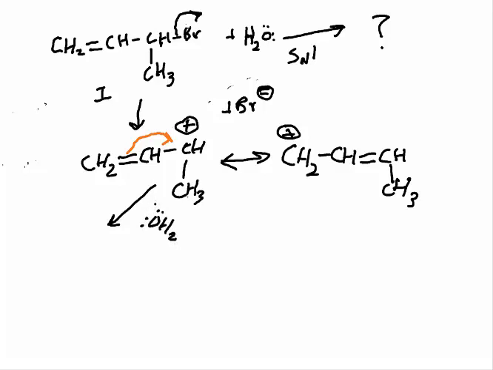Okay, and so I'm going to draw a long curved arrow from the lone pair on oxygen and show it bonding to the positive carbon. Okay, now let's draw the product from that. It would be this.